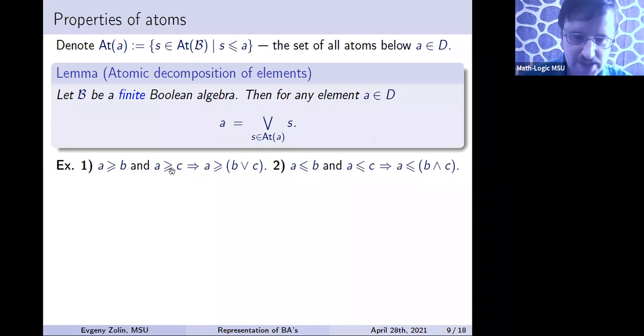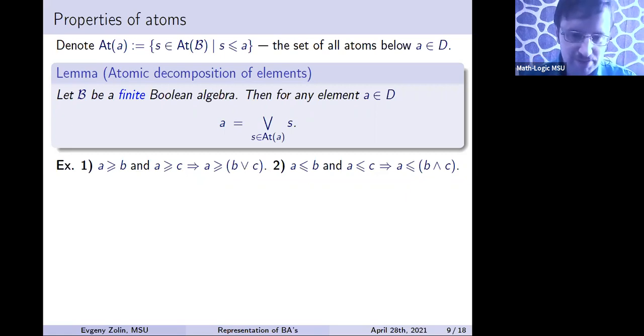So here we see that B or C is bigger than B and bigger than C. And this statement shows that it is the smallest element in the Boolean algebra that is bigger than B and C together.